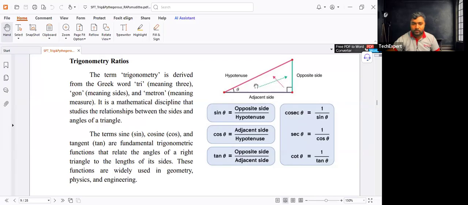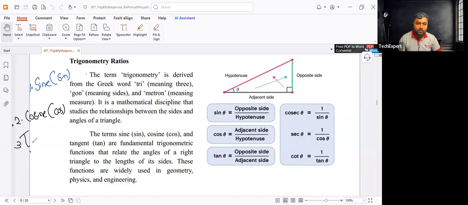One is sine, the abbreviation is sin. Second one is cosine, that is written as cos.